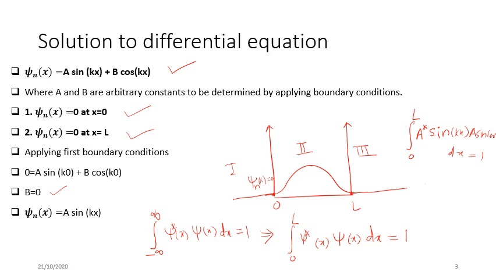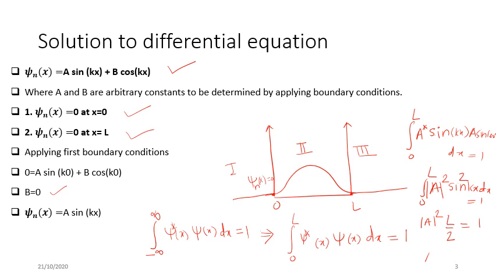So I can write it as the integration from 0 to L of mod of a squared into sin squared kx dx, which is equal to 1. We can write it as mod of a squared into the integration of sin squared from 0 to L, that is a well-known quantity, L by 2, which is equal to 1.